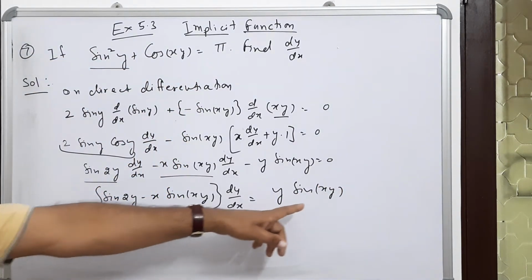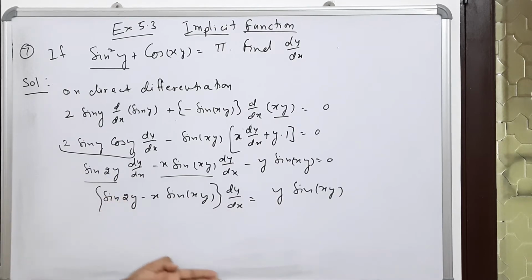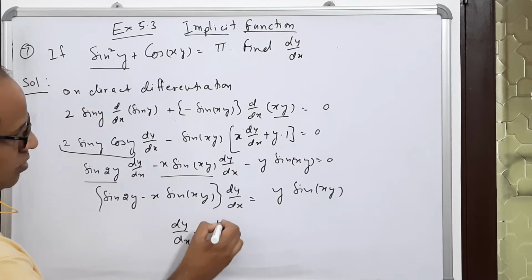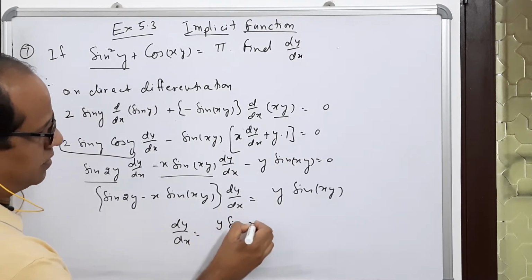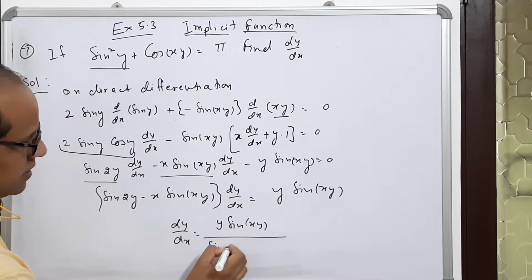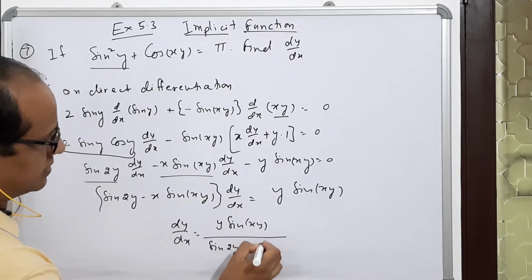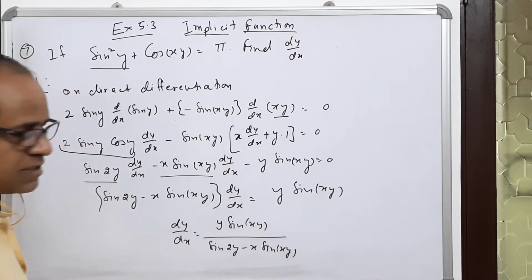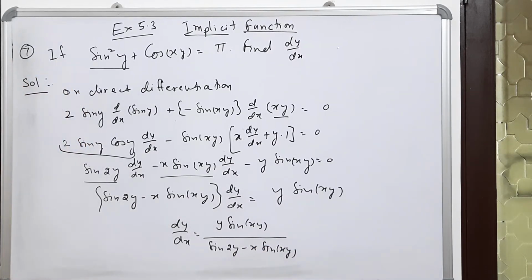Please see this, y sin xy. Now the next step is we take this that side. So dy by dx will be y sin xy divided by sin 2y minus x sin xy. So this is the answer for the dy by dx.